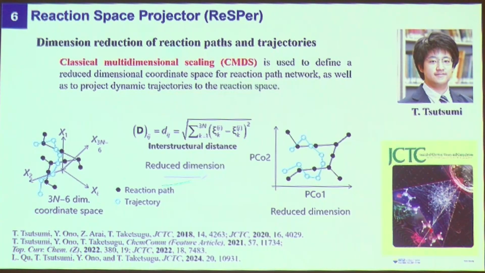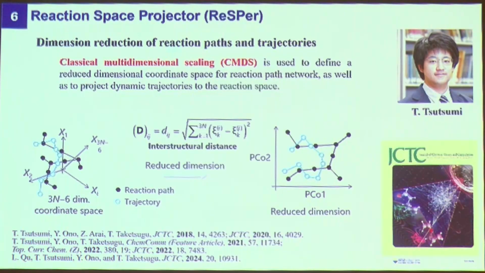But we need to define the center and orientation of the coordinate axes. Then we use the Kabsch algorithm, so that these two structures are overlapped as much as possible, and the center of mass is used as the origin of the coordinate axes.